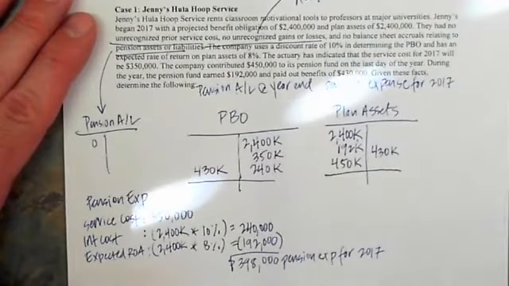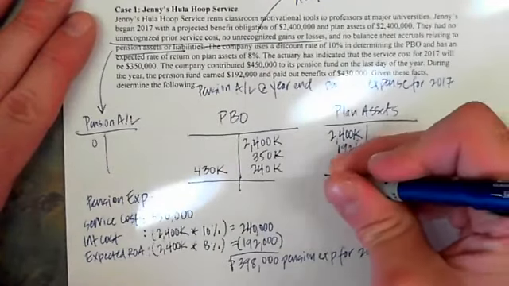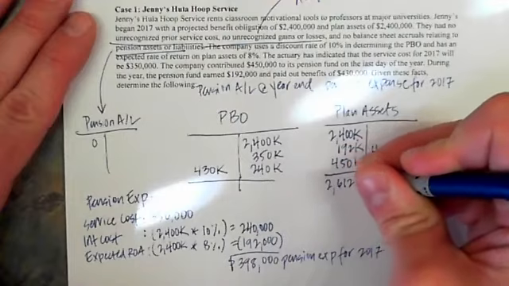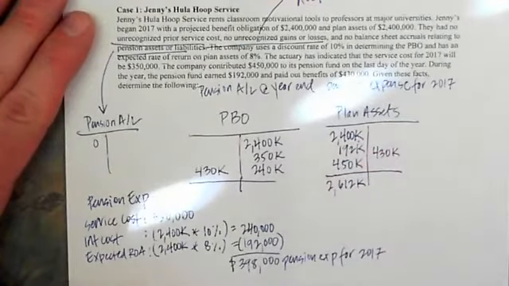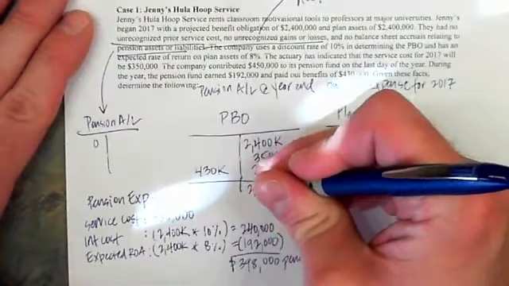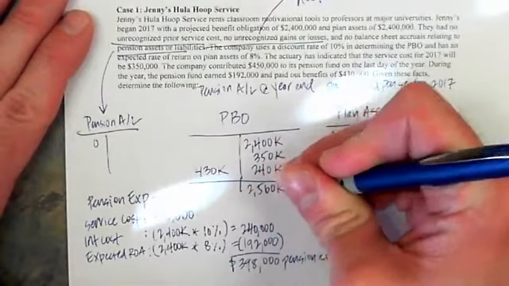So then I reconcile those accounts. I have plan assets of $2,612,000 at the end of the year, and my obligation is $2,560,000 at the end of the year.